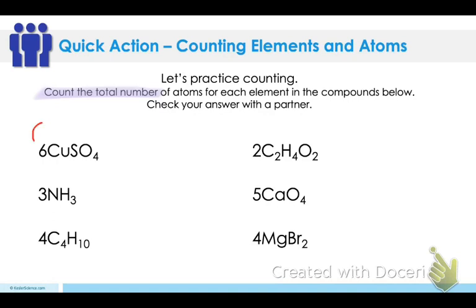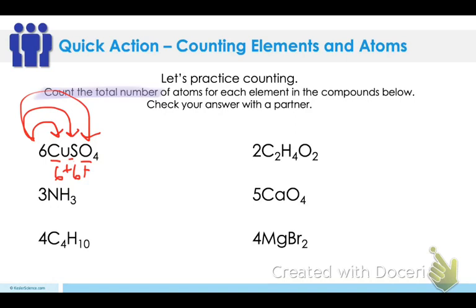Or I can distribute that 6 to each element that's in that formula. So 6 times 1, because copper has 1, is 6. 6 times 1, because sulfur has 1, is 6. You're not multiplying anymore, so we're just going to add.